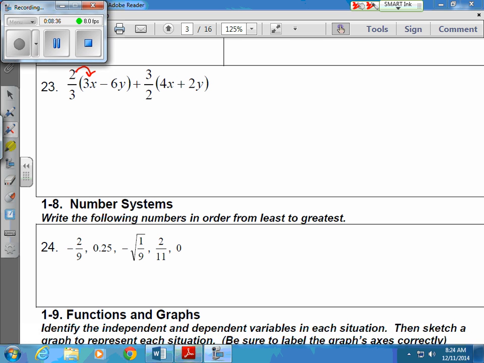2/3 times 3x will be 2x. 2/3 times negative 6y will be negative 4y. What's 3/2 of 4? How'd you do it? 6. How'd you get it? 3 times 4, 12, divided by 2, 6. That's right.